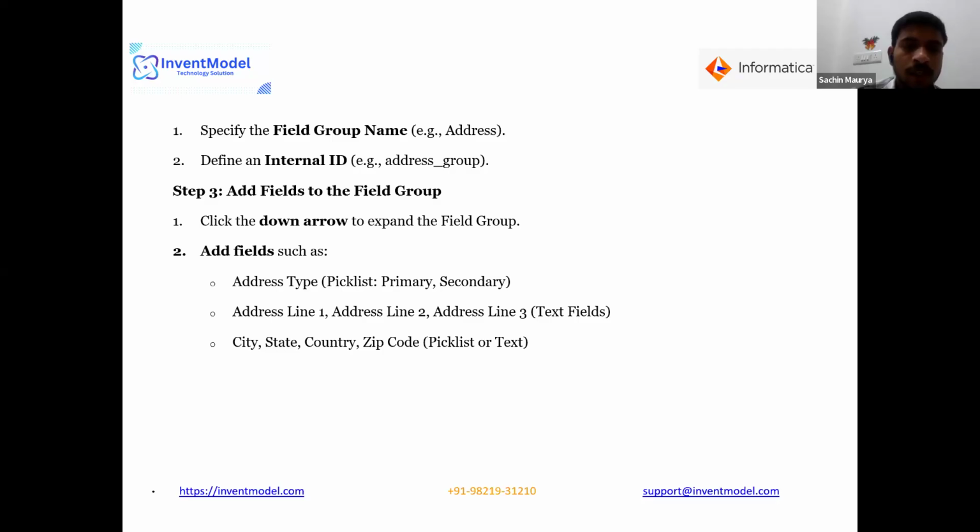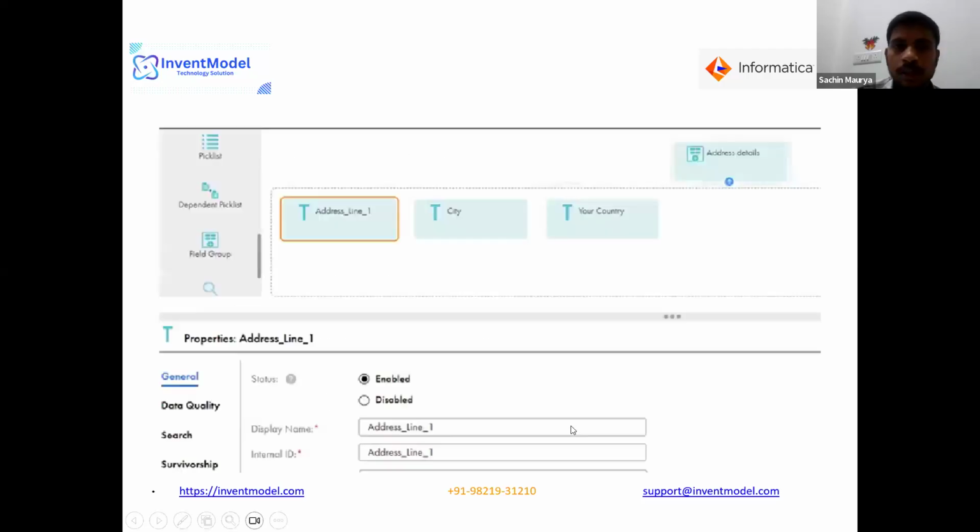So these are some text fields. And for other things like the city, state, country, zip code, we can also take fields. We can use a text field or list field, according to our requirements. So we can make the field group by storing those fields in that address. Okay, so the next slide.